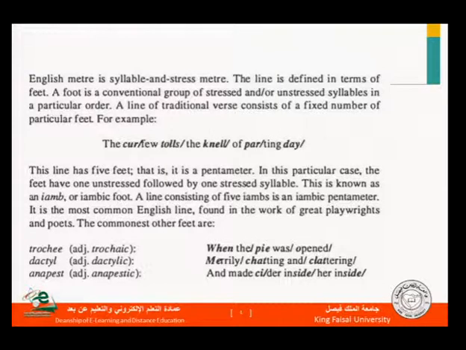Now, a line consisting of 5 iambs is an iambic pentameter. It is the most common English line found in the work of great playwrights and poets. The commonest other feet are، الحين عندنا بعض التفعيلات المشهورة باللغة الإنجليزية، أو احنا أحيانا نسميها بالعربي بحور الشعر: تروكي، داكتيل، أنابيست. هذا أنا بس حاولت إني أكتبهم بالعربي حتى ما أنساهم.